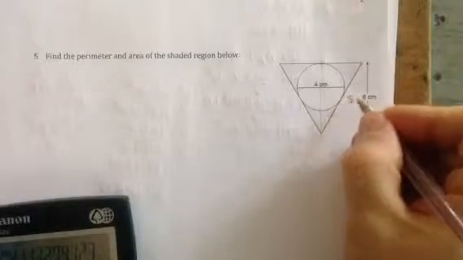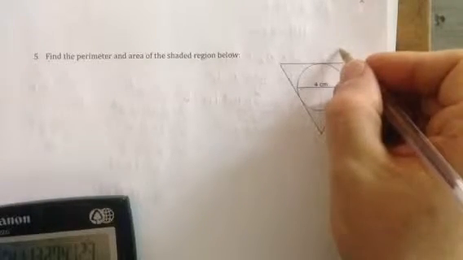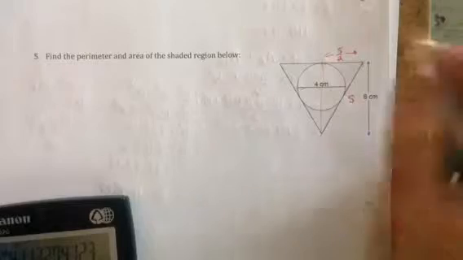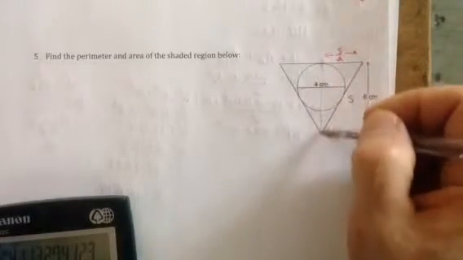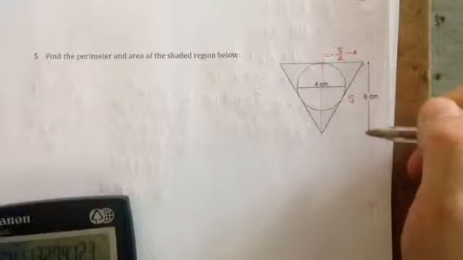If that's the side length, then this is going to be half the side length, so this side over 2, from here to here. And we know that from here to here is 6.